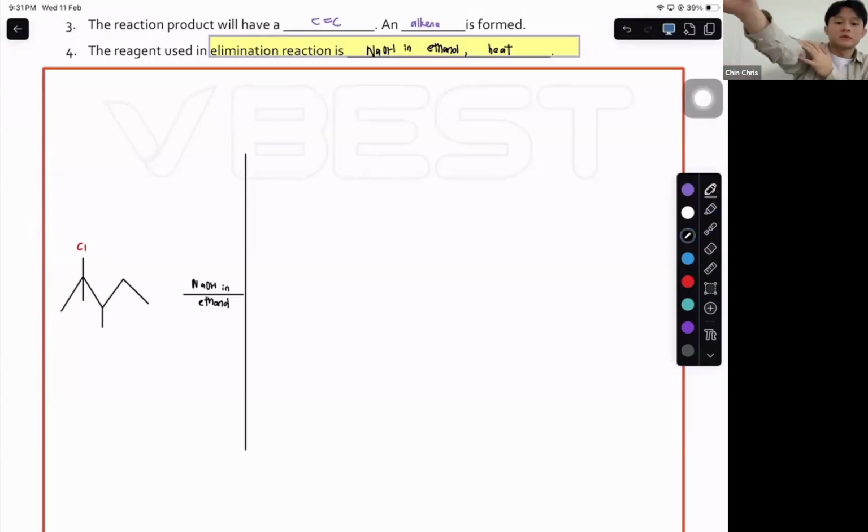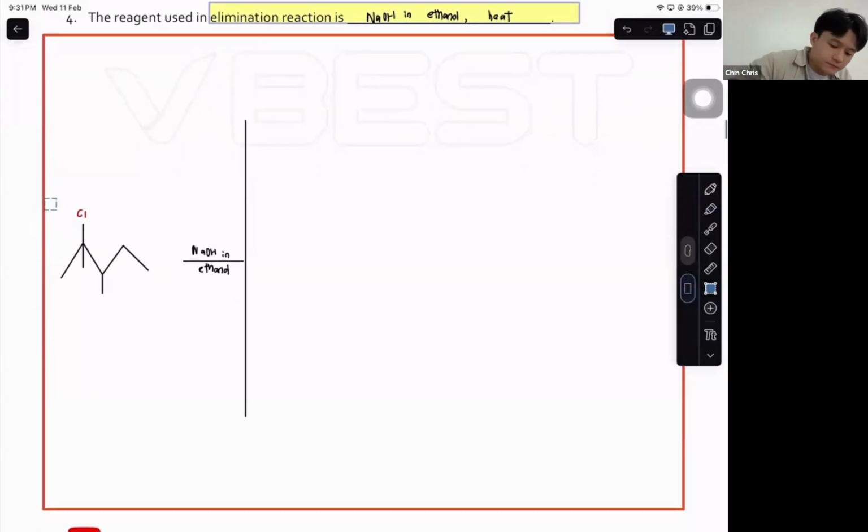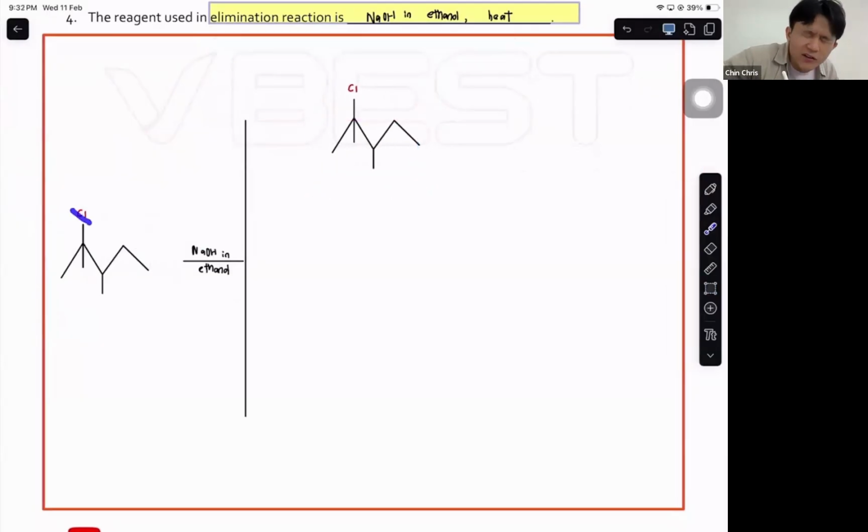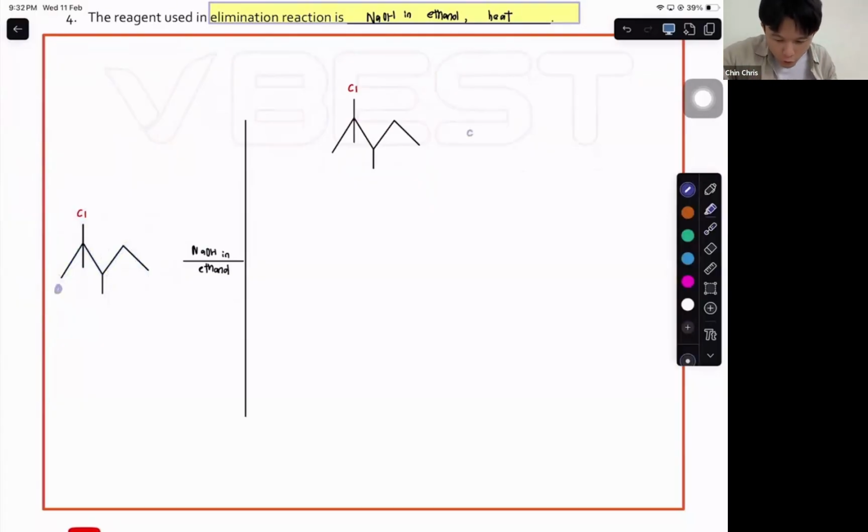Okay, let's go. Alright guys. So I know that I'm removing my Cl here. You see, this CCl is bonded to a CH3, bonded to a CH3, bonded to a CH, like that. So the first one, I'm gonna remove a hydrogen from here. I'm gonna put a blue color to indicate.